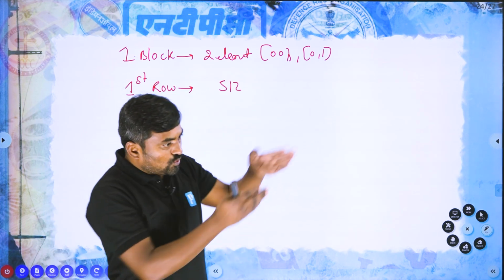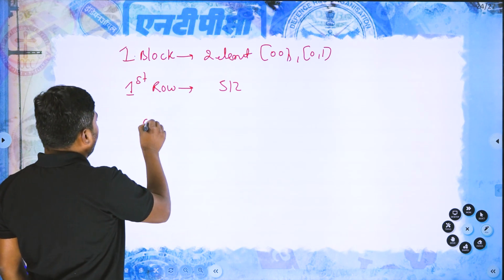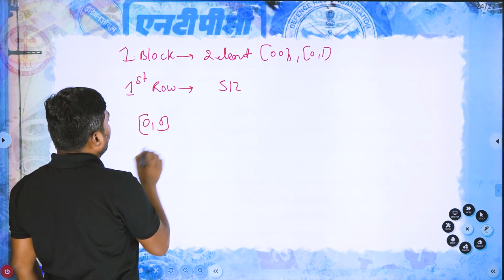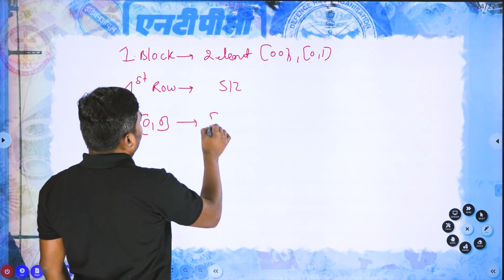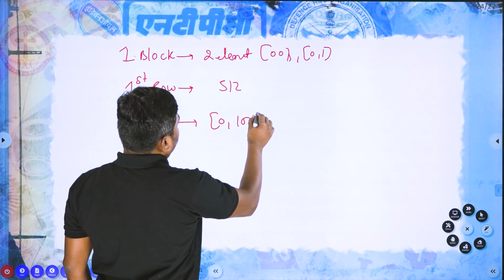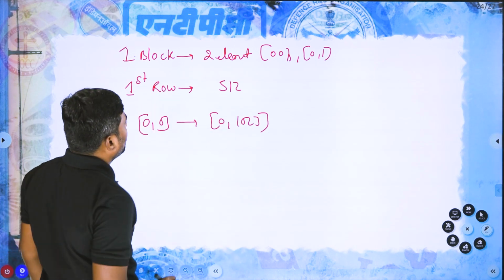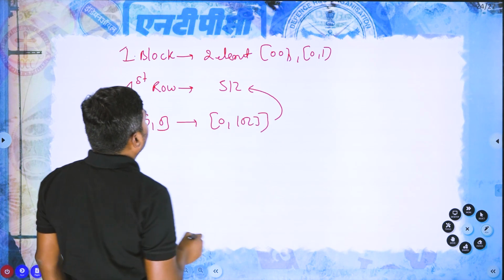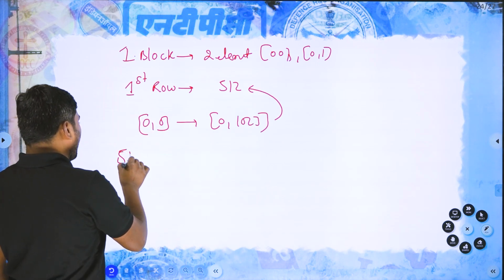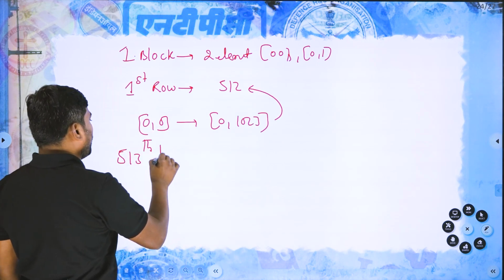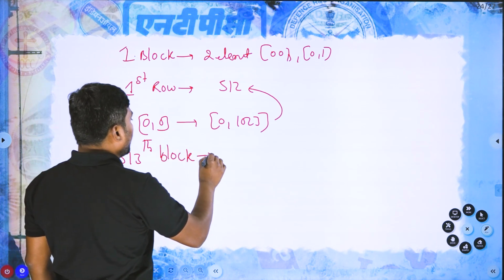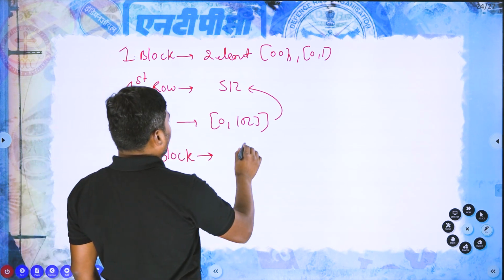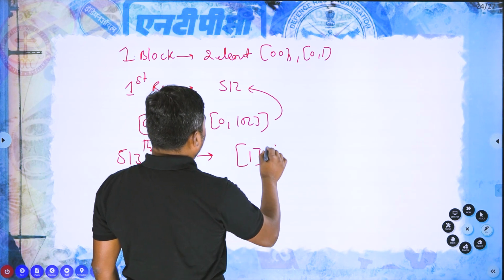First row, from 0 to 1023, this is the entire first row. How many blocks required? 512 or not? Now please understand. So the 513th block contains 1 of 0. Am I right?